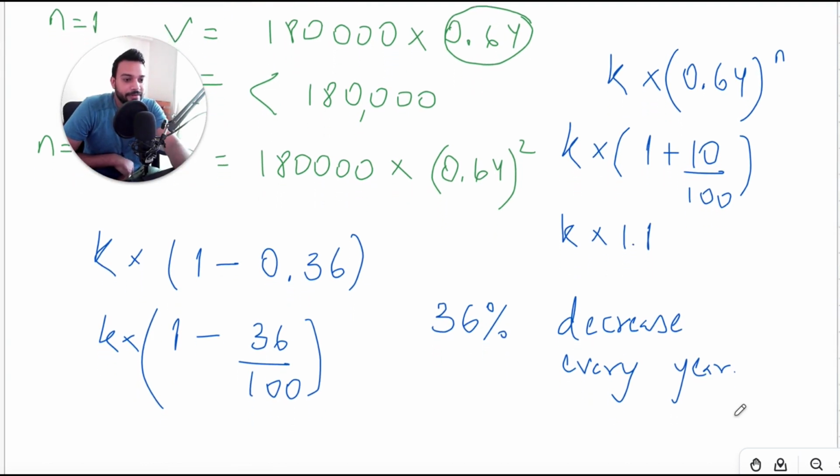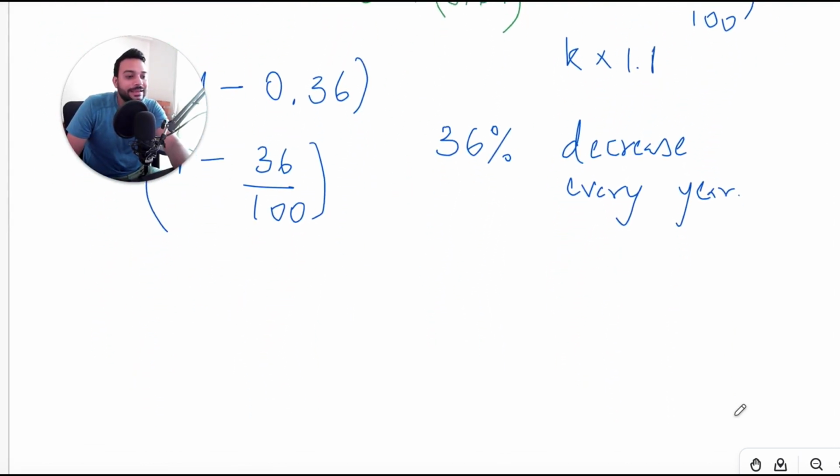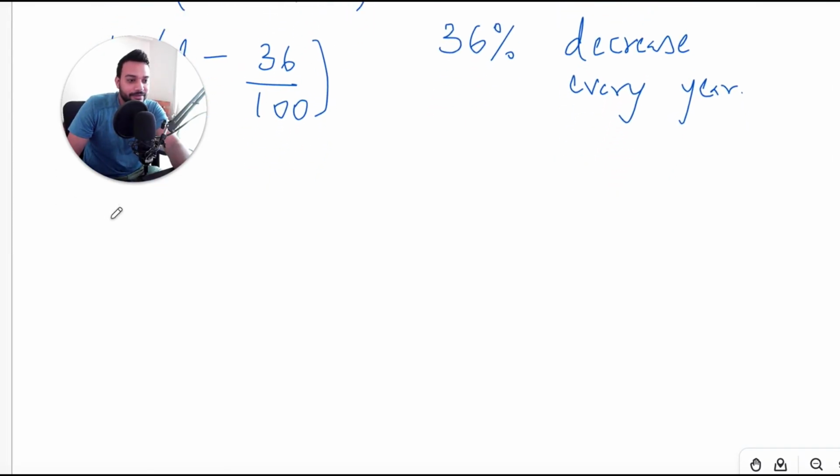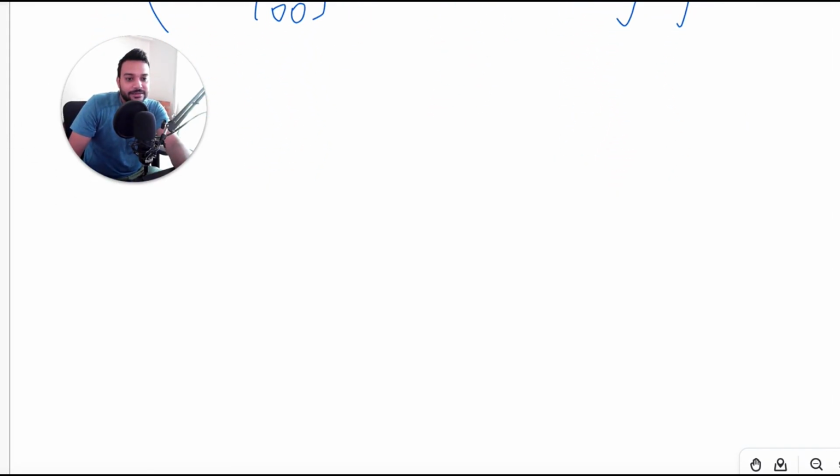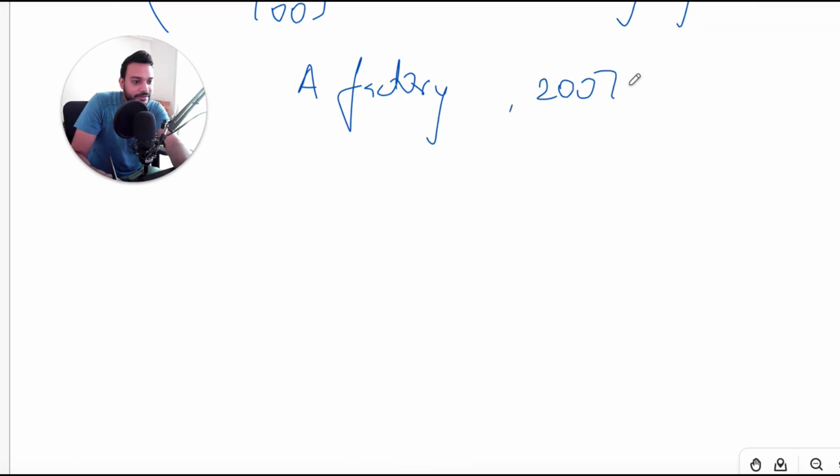Okay, so now let's see how we can quickly decode this for a given scenario. So someone says, let's say there's a factory. In 2007, the factory's value is $1.1 million.